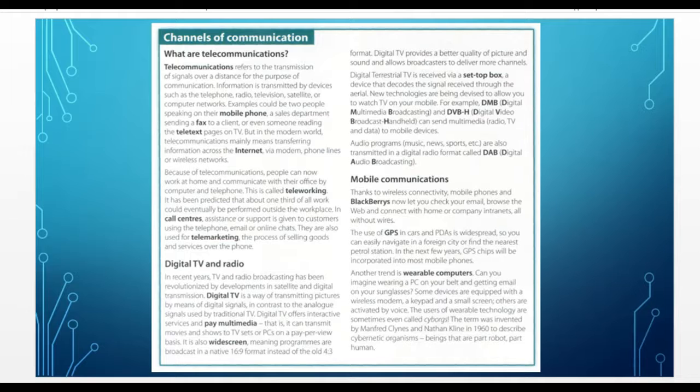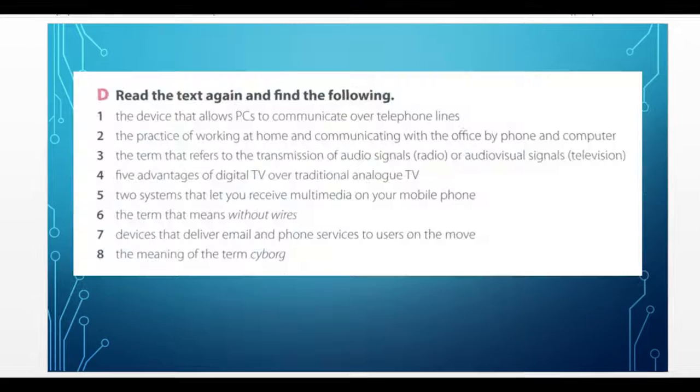They were given text, channels of communication, and what the communication is: digital TV or radio, mobile communication. Read please and answer the question. Find the following in the text.